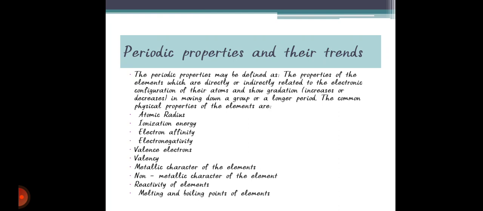Across a period, as we move from left to right in the periodic table, the number of valence electrons increases. Across a group, valence electrons remain constant. It means elements present in the same group have the same number of valence electrons. For example, hydrogen, lithium, sodium are present in group one and have the same number of valence electrons, which is 1.